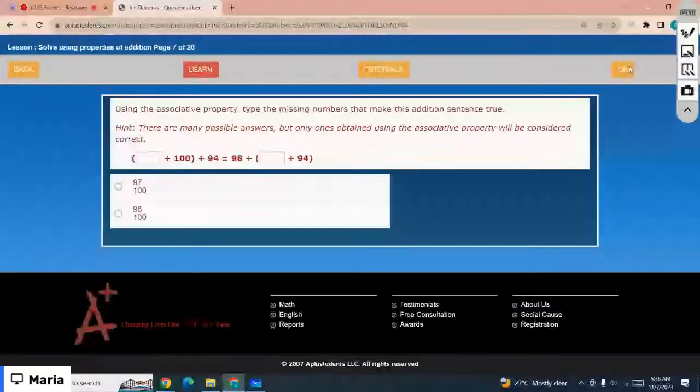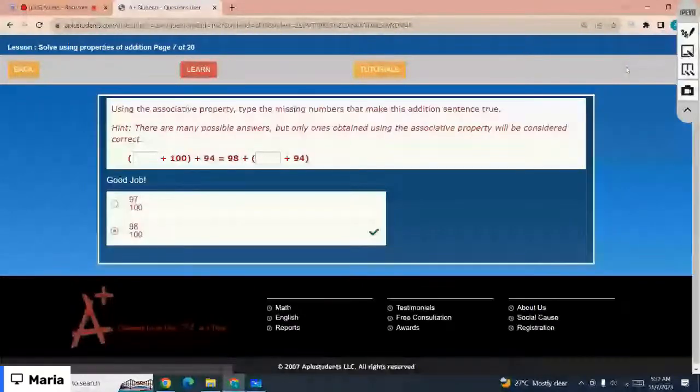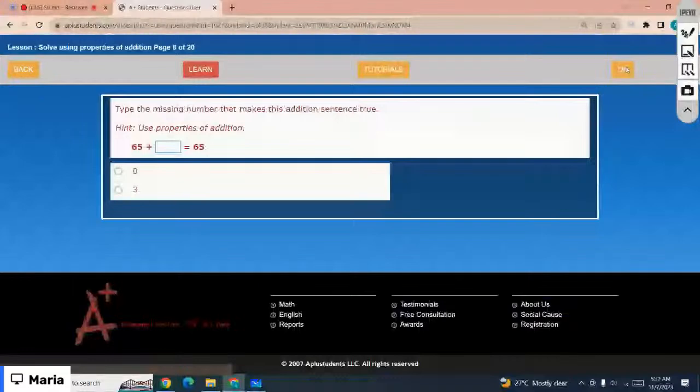So which number is missing? That is 98 and 100, not 97.